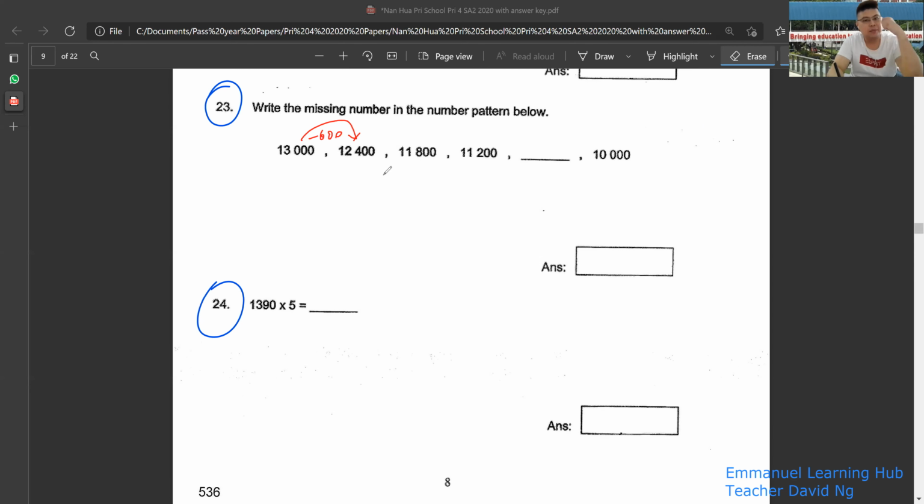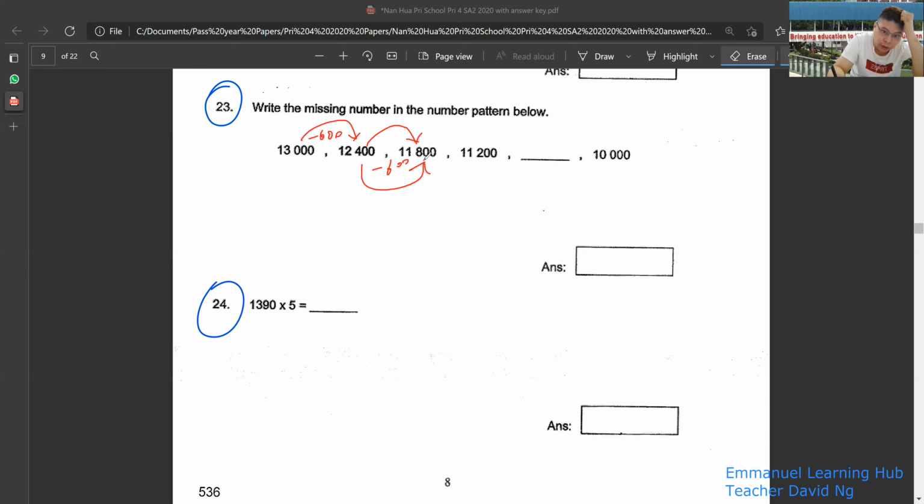Then this one? Is it minus 600? No. You see carefully. 12,400 minus 11,800. Is it 600? Yes.